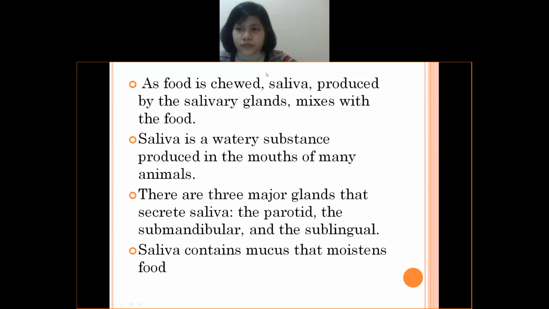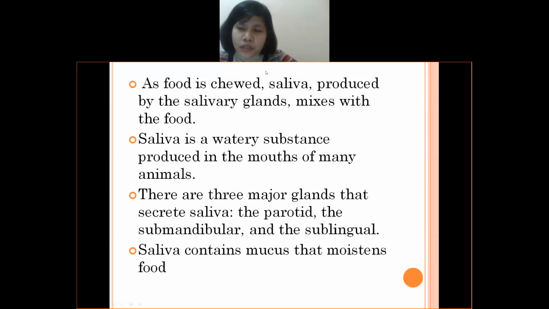Saliva contains mucus that moistens food.